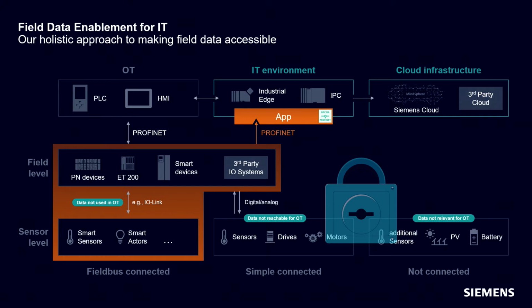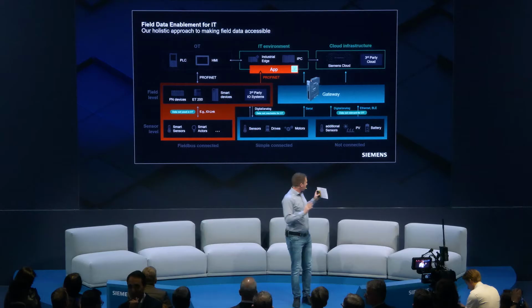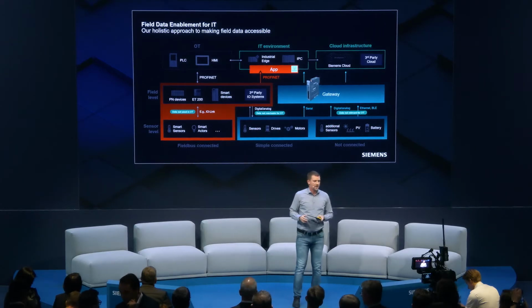On the second point, for everything that's not fieldbus connected, we see a gateway approach as the reasonable answer. Therefore, you need a gateway which has different physical interfaces, say serial ones, Ethernet-based ones, or also wireless, to get all that information which is lying over there.